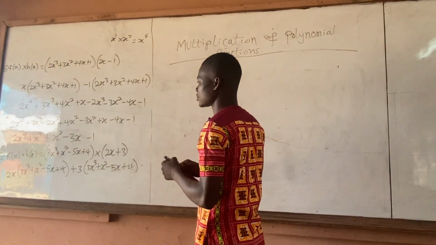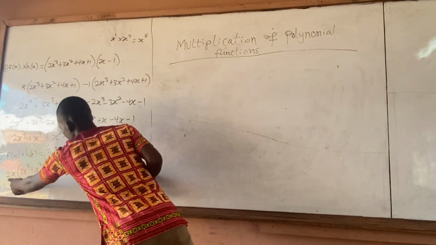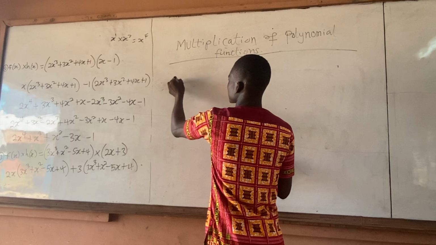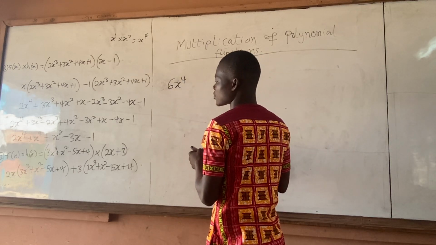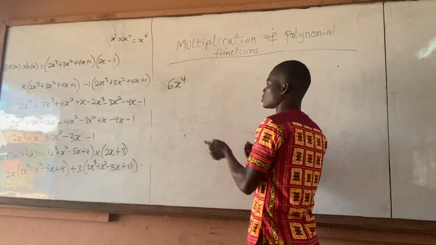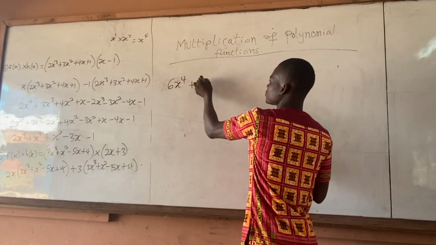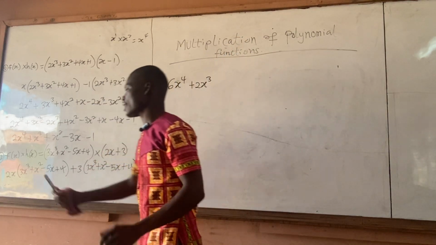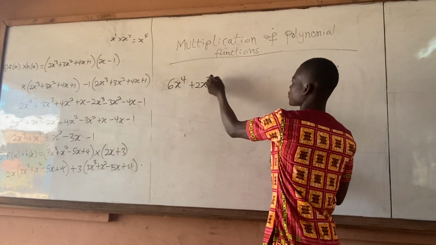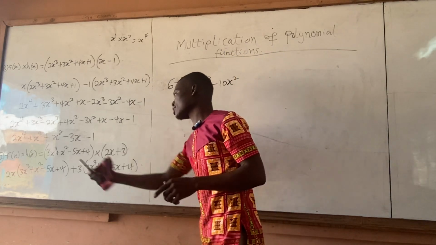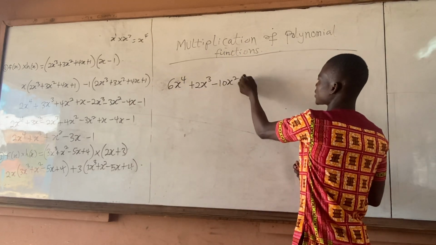By expansion, 2x times 3x cubed, we are going to get 6x to the power 4. 2x times x squared, we are going to get 2x cubed. 2x times negative 5x is minus 10x squared. And 2x times 4 is 8x.